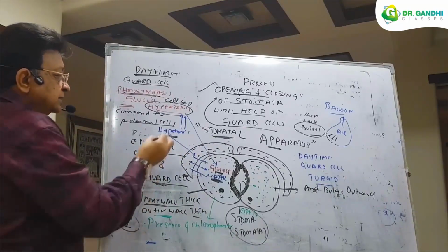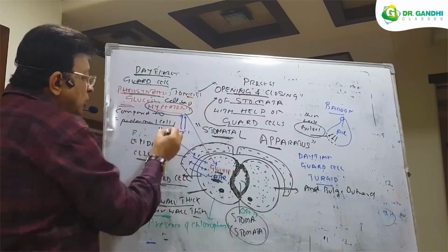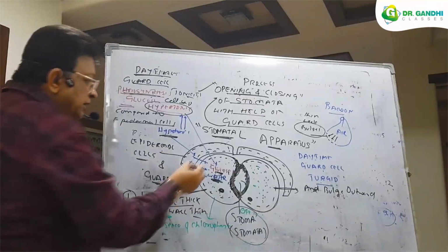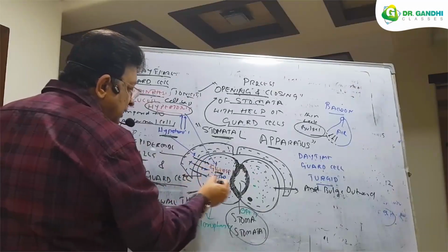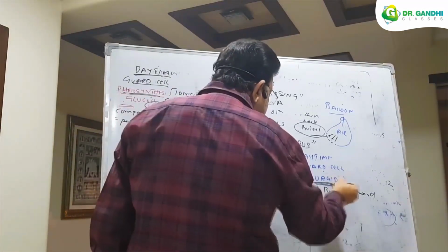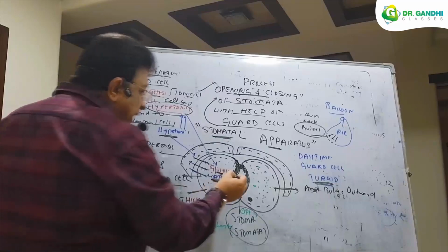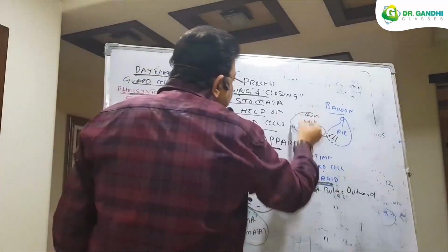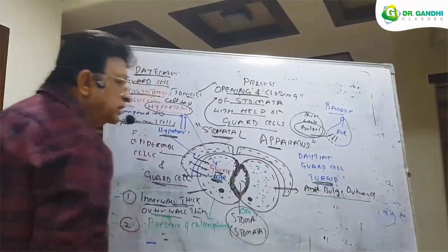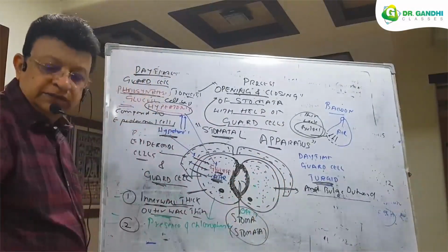In osmosis, with respect to tonicity, water goes from a hypotonic to a hypertonic solution. So now water enters the guard cell. When water enters, the guard cells become turgid, and because the inner wall is thick and the outer wall is thin, the weaker part bulges out, and therefore the guard cells bulge out. And when they bulge, the stomata opens.